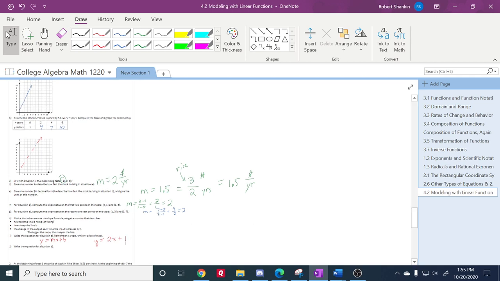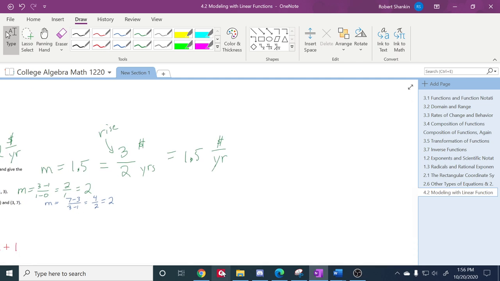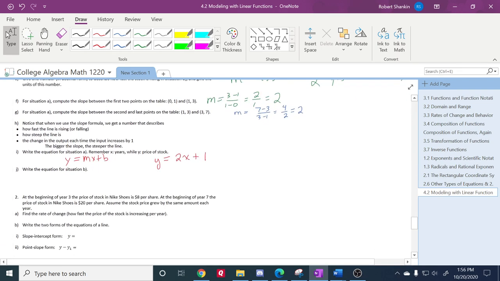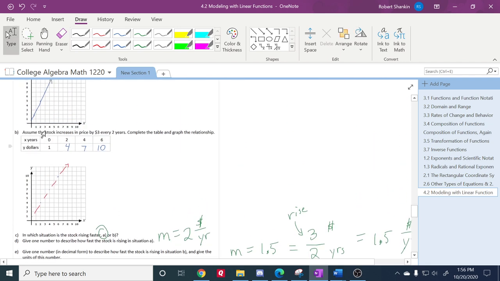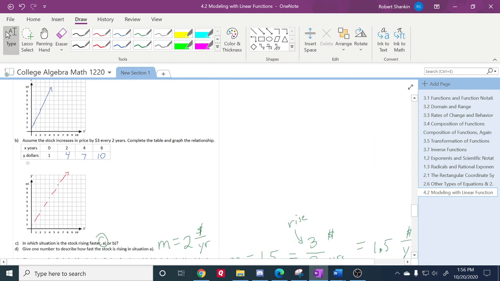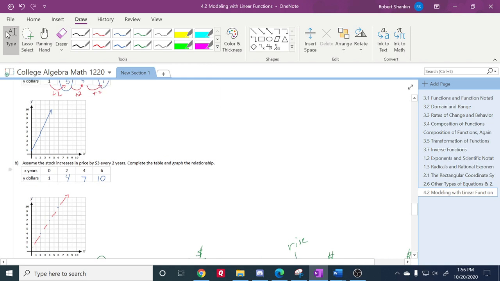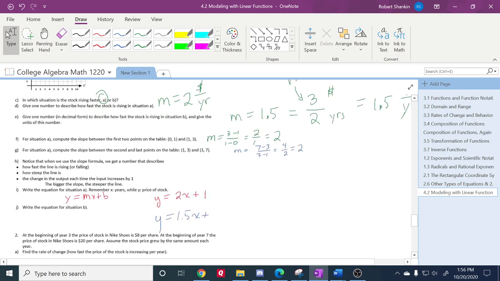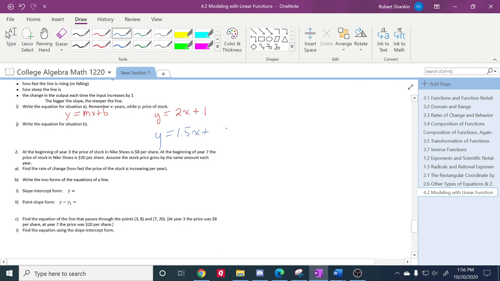Alright, so this one is y equals mx plus b again. And this one's going to be y equals, now we said the slope here was 1.5. And then we look to see what the y-intercept is. In situation B, when the input was 0, the y output was 1 still.